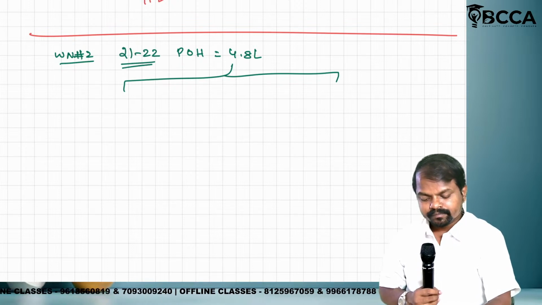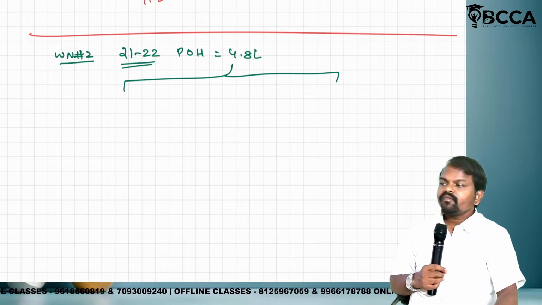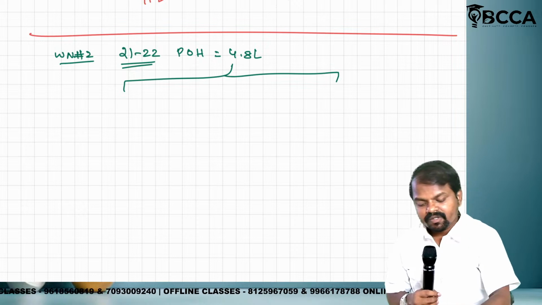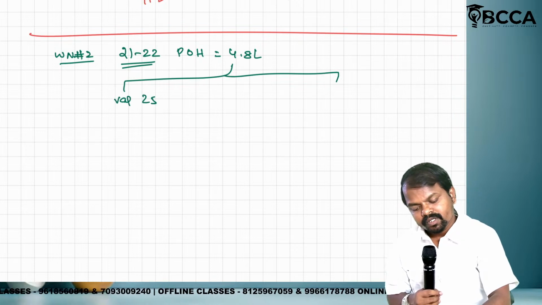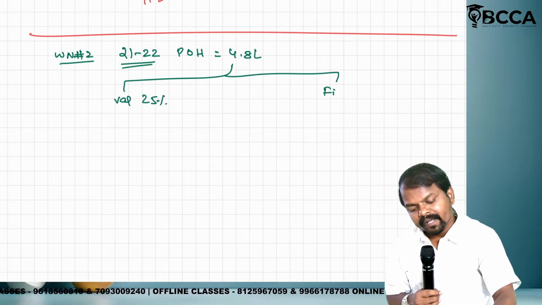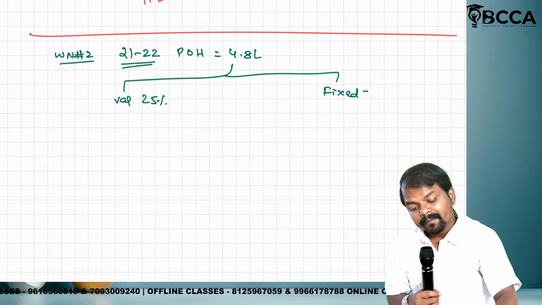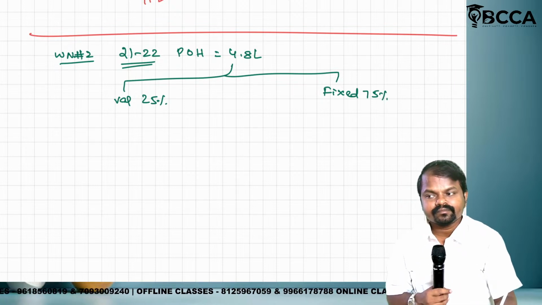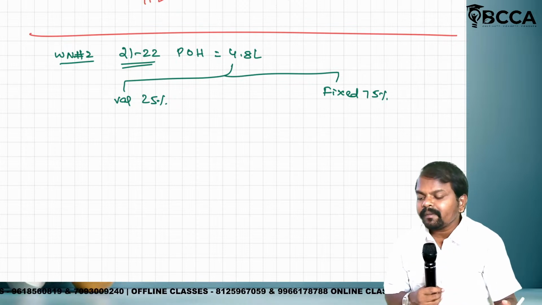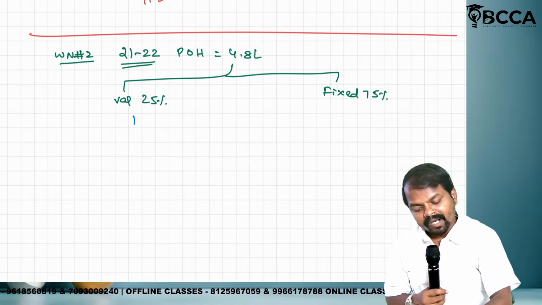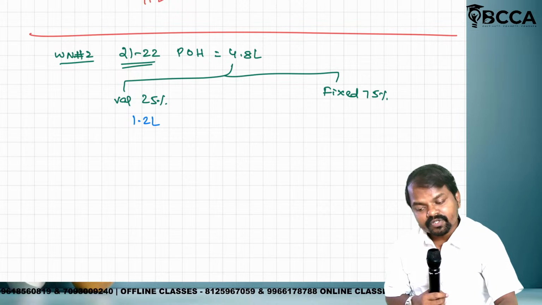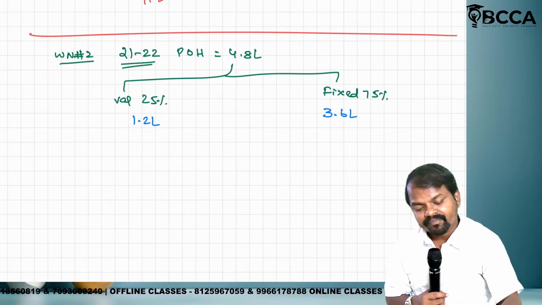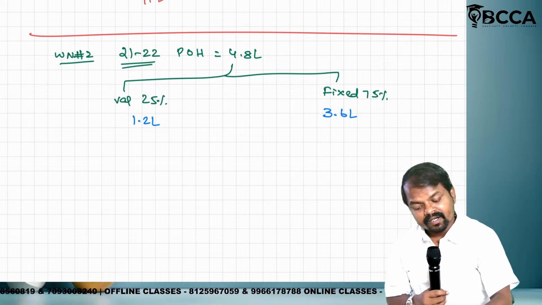The question paper says POH variable portion is 25% and fixed portion is 75%. Now tell me what is the variable portion? 4,80,000 into 25%, that is 1 lakh. What is the fixed portion? 3 lakh.